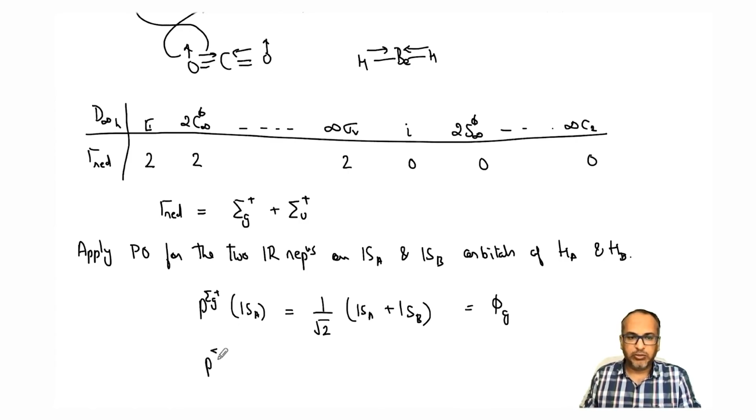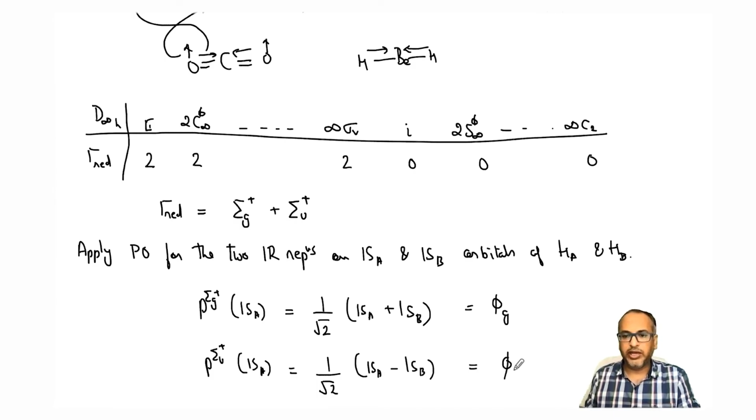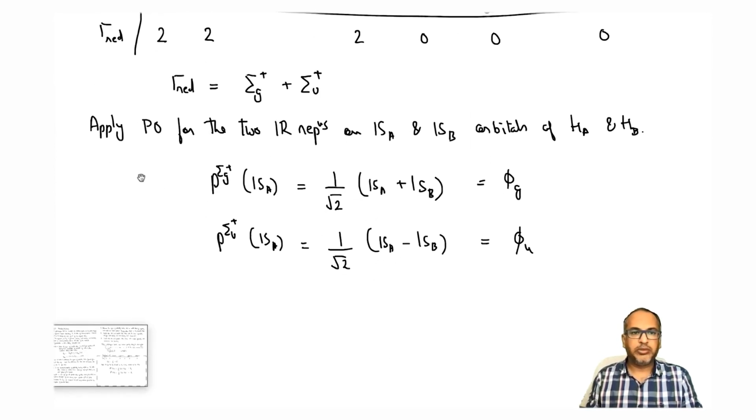Now again the projection operator for Σu+ applied on 1sA or 1sB, you can apply on any of these. After normalization, it will give you 1sA minus 1sB, and this we will call φu. Okay, this is just for nomenclature. All right. Now what happens?